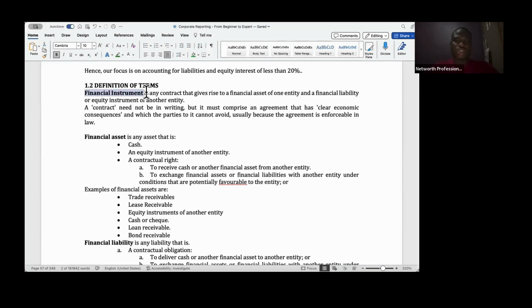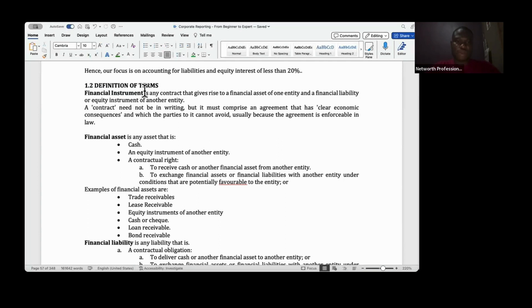According to IAS 32, a financial instrument is any contract that gives rise to a financial asset of one entity and a financial liability or equity instrument of another entity.